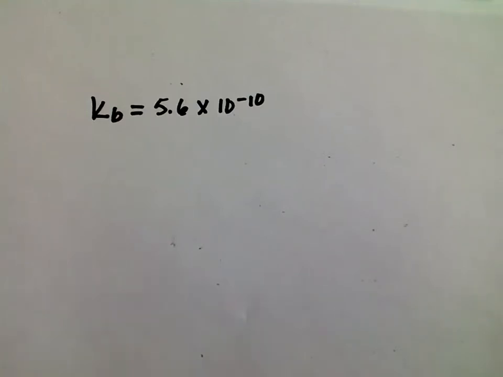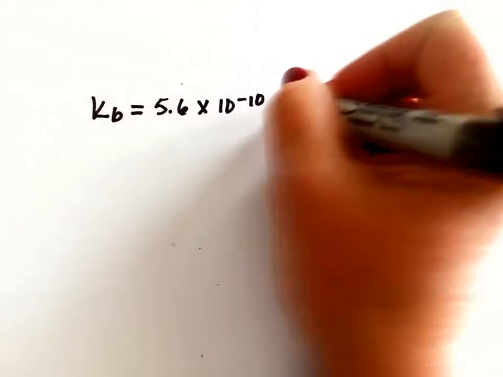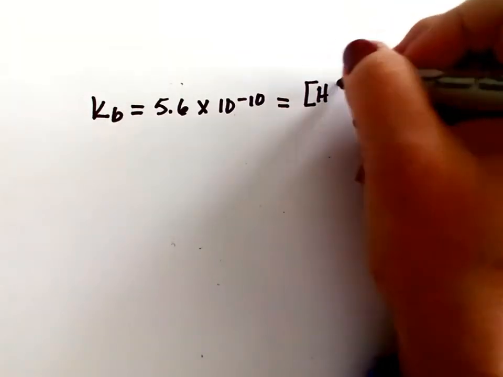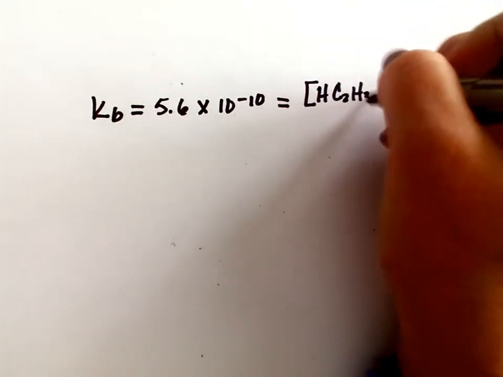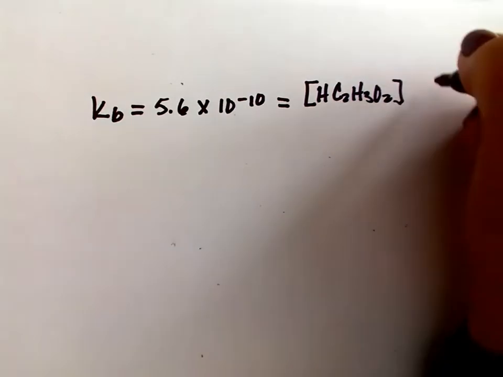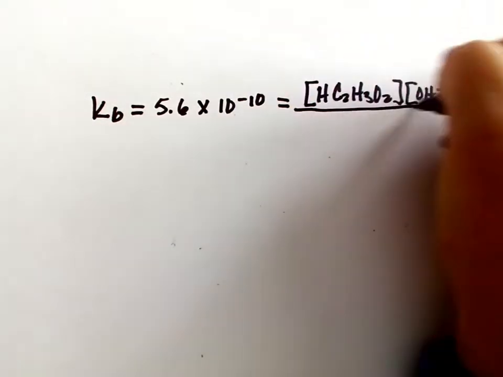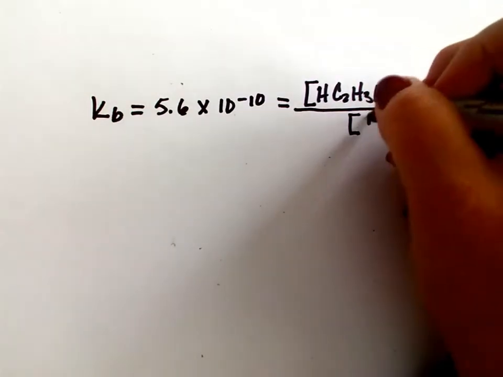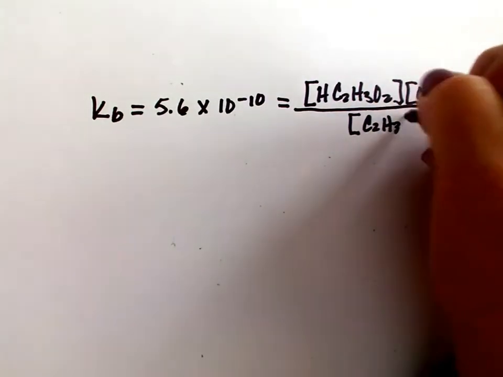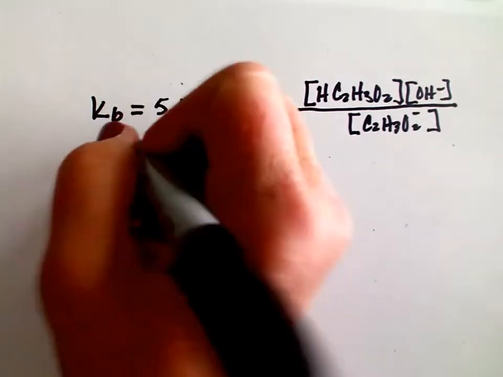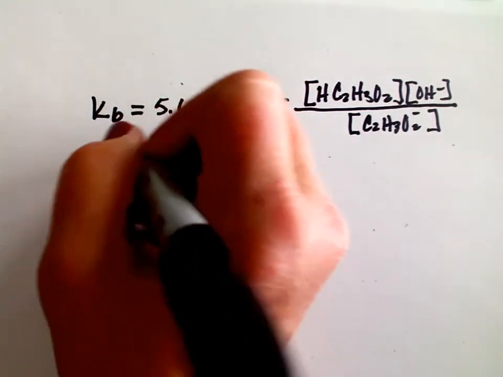And the equilibrium here will be the weak acid, the hydroxide ion, over the acetate concentration. Okay? So, Kb.